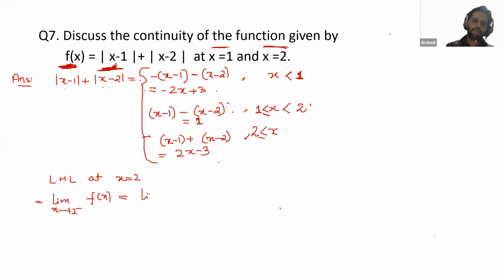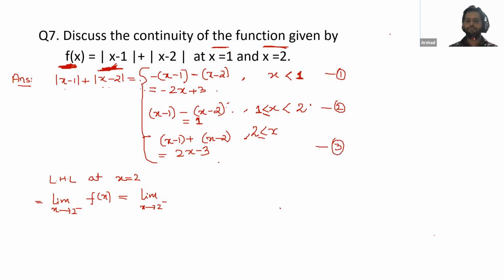Fahad, can you tell me for LHL what function we will use? First, second, or third? We have this one, this is the first one, this is the second one, and this is the third one.